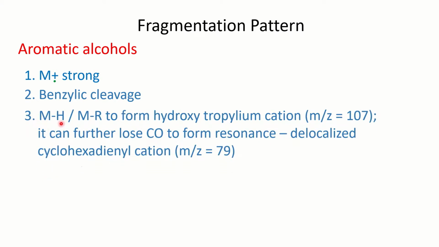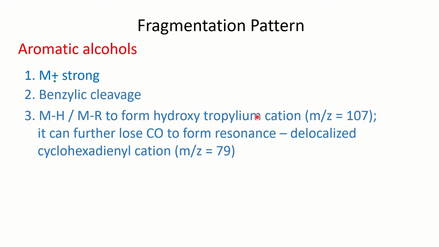Okay, and the common fragmentation which you can see in aromatic alcohols is M minus H, or it may be M minus alkyl group, which forms the hydroxytropylium cation. The mass is given 107 for that. So if you get any peak at 107 in the aromatic alcohols, it is for the hydroxytropylium cation.